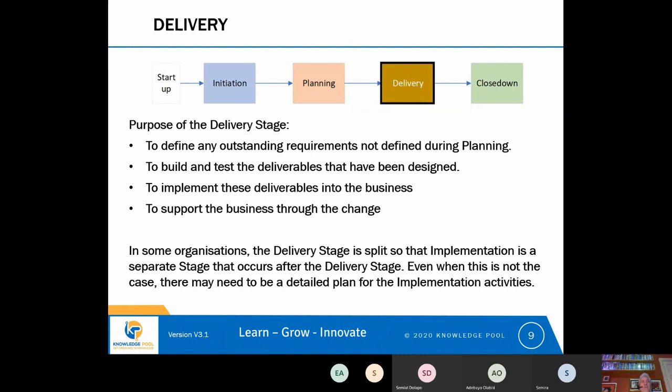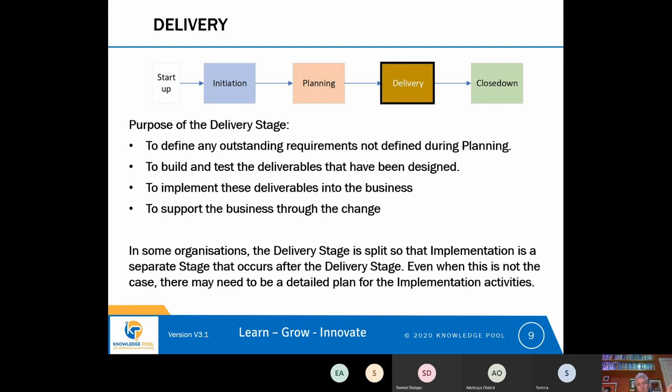So the project will decide that it's going to undertake a number of 2-week sprints during the delivery stage, and it's during those sprints that the requirements are gathered, deliverables are built that meet the requirements and tested, and then if we like those, we'll move on to the next sprint, or if there's a problem in the next sprint, we might correct the problems.